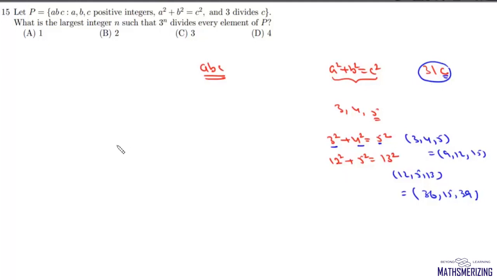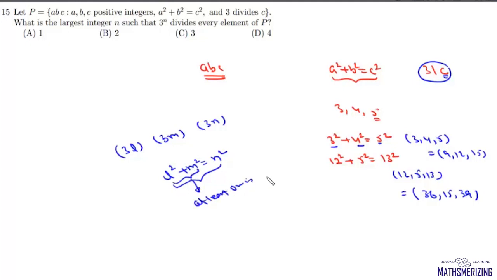So that means this A should be of the form 3L, B should be of the form 3M, and C should be of the form 3N, where L square plus M square must be equal to N square. Now, if we also look at this condition, when L square plus M square is equal to N square, then for any Pythagorean triplets, out of these L and M, at least one is a multiple of 3.